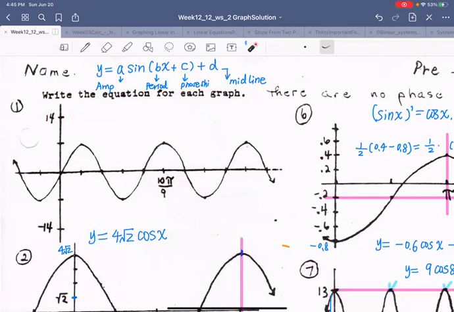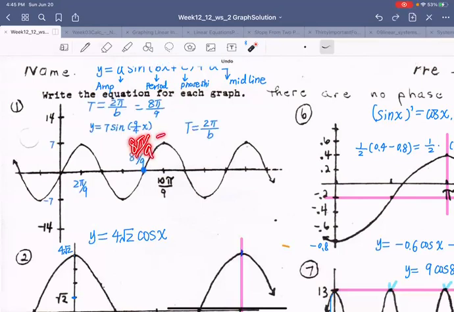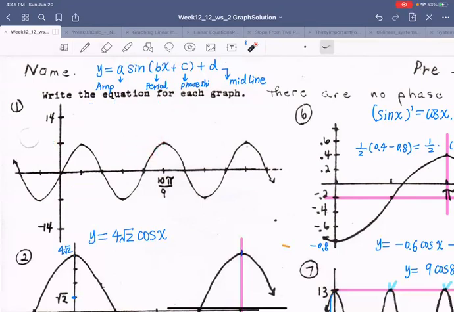First we look at the midline, which is 0, so we add 0. Then we look at the amplitude, which is 7, so A would equal 7. To find the period, we do 10 pi over 9 minus 2 pi over 9, which is 8 pi over 9, which equals 2 pi over b. So b would equal 9 over 4. So your equation would be 7 sine parenthesis 9 over 4x.